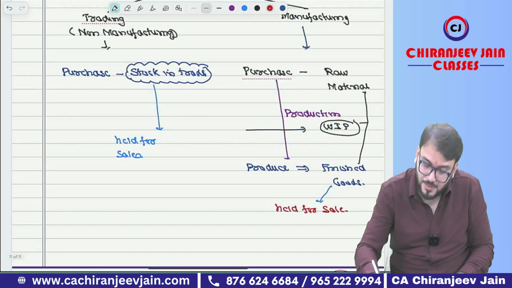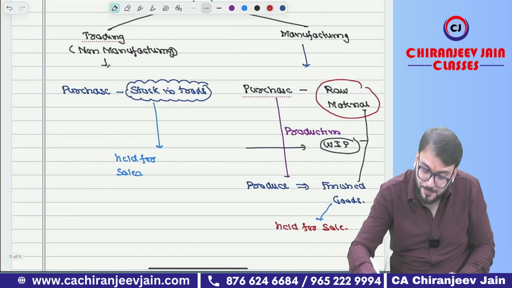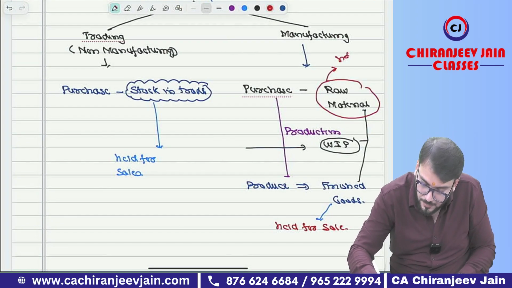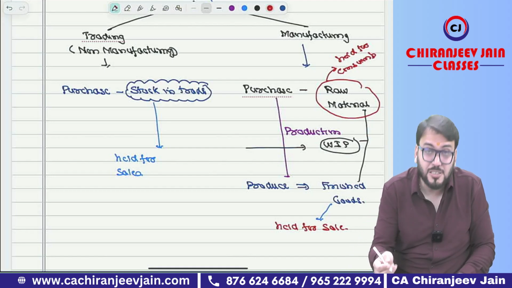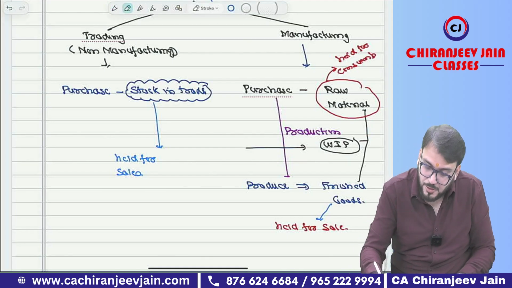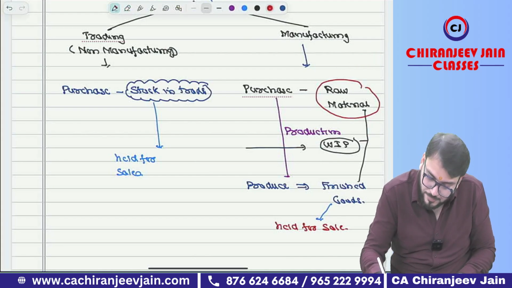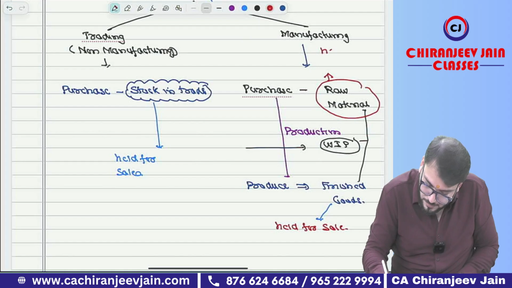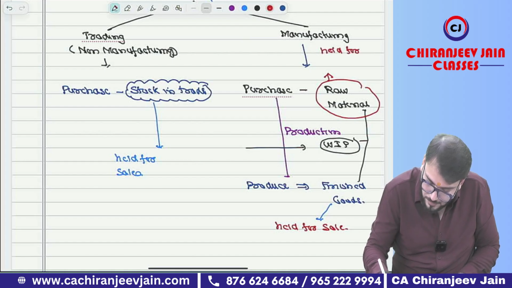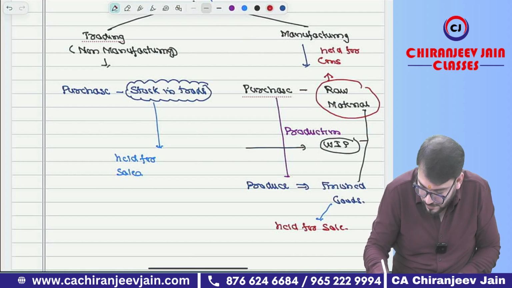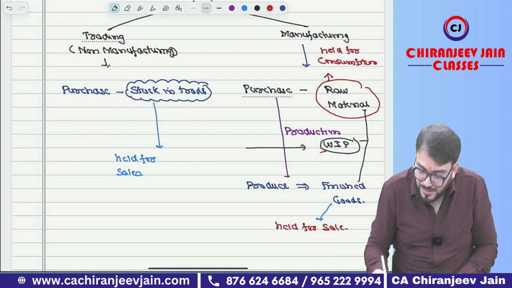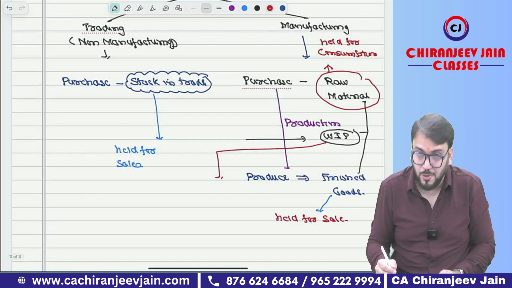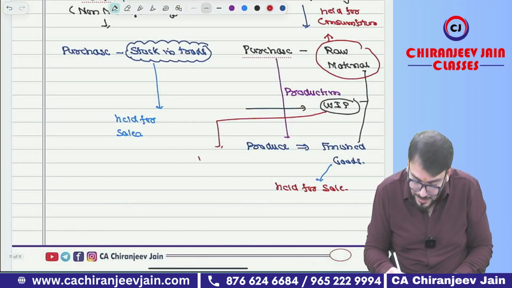Raw material is held for consumption in the production process. And WIP is held in the process of production, meaning not yet completed.